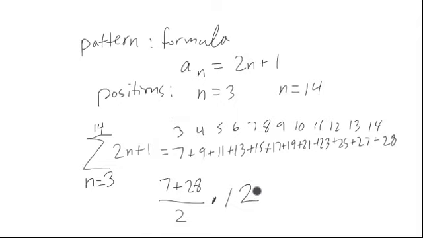Now we're off and away, and we can compute this. 7 plus 29 divided by 2, times 12, will be the sum. We can simplify this. 12 divided by 2 is 6, and then 29 plus 7 is 36. So we have 36 times 6, which should be, I believe, 200, is it 210?